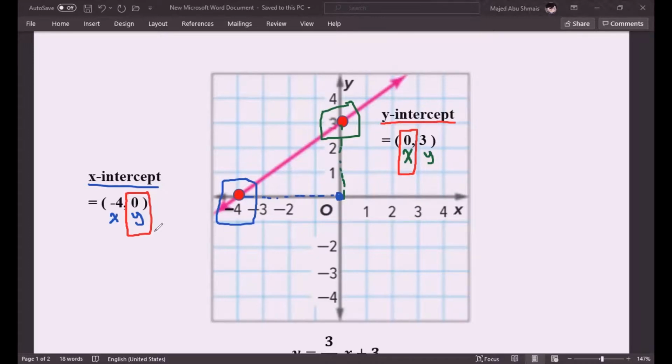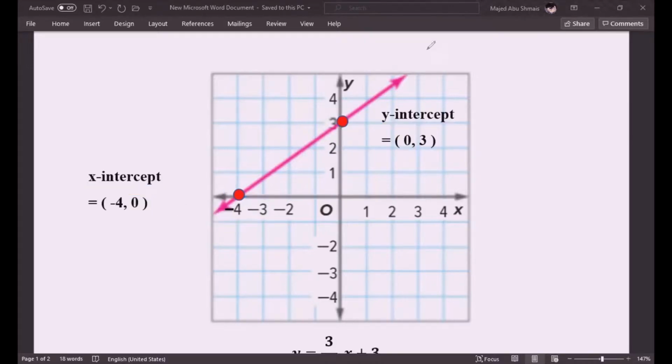How can we use this conclusion to find the x and y intercepts from an equation? We have now learned how to find the x and y intercepts from a graph, and that's easy, right?